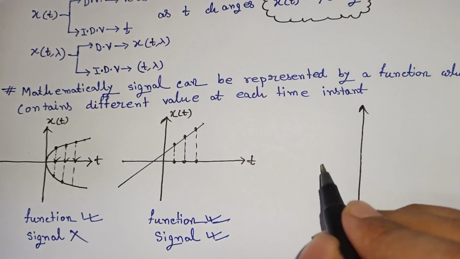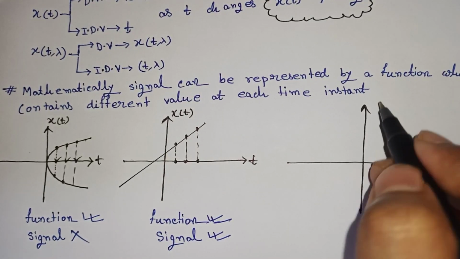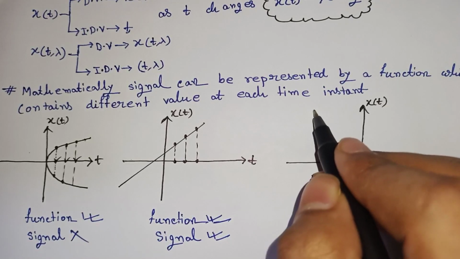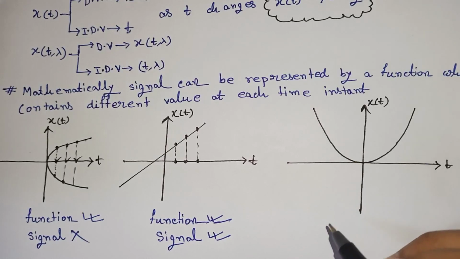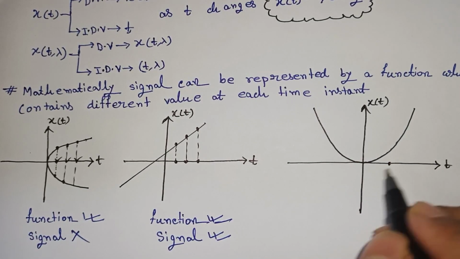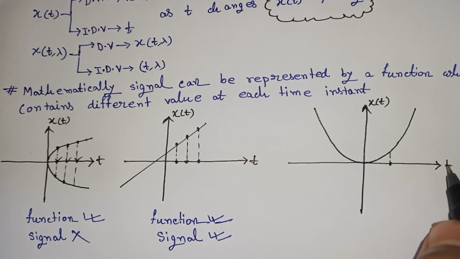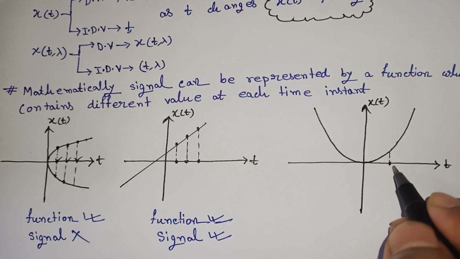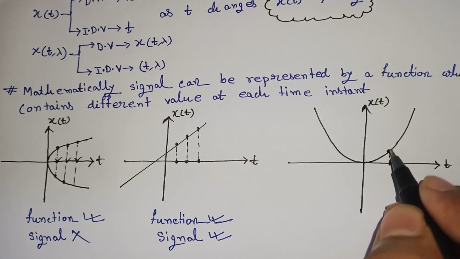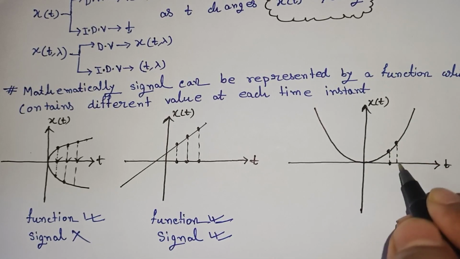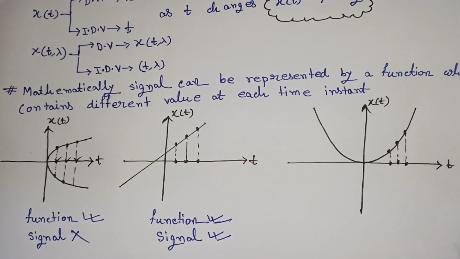Let's take another example. If we have like this, for a particular time instant, at this time instant it has one value, this time instant it has another value, and this also another one.